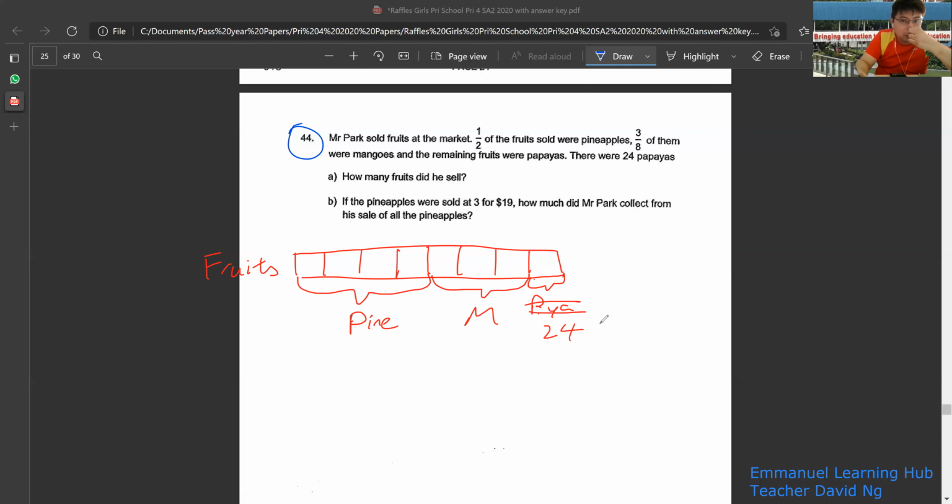24. Okay. So how many fruits did he sell? One unit is 24. Do you agree? Yes. How many units do I need to find? 8 units. So how many fruits did he sell? 24 times 8.